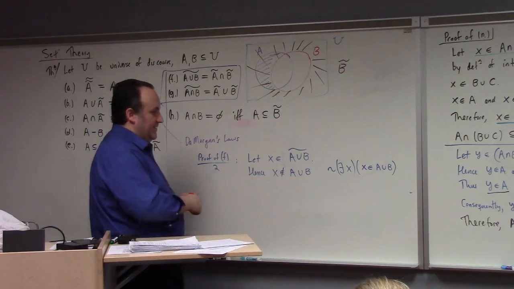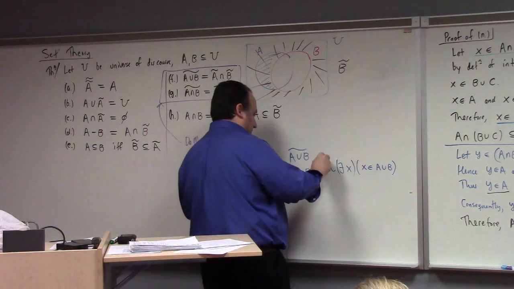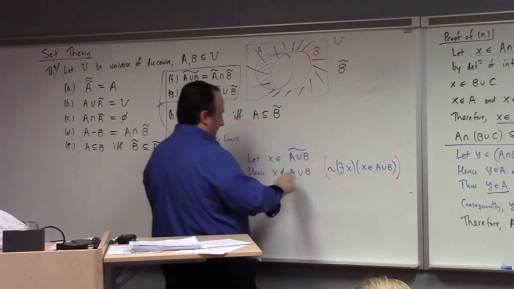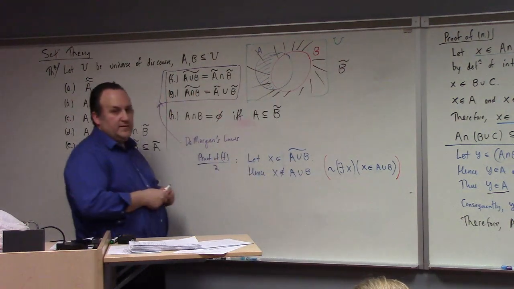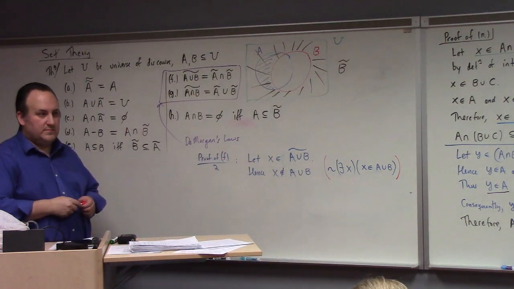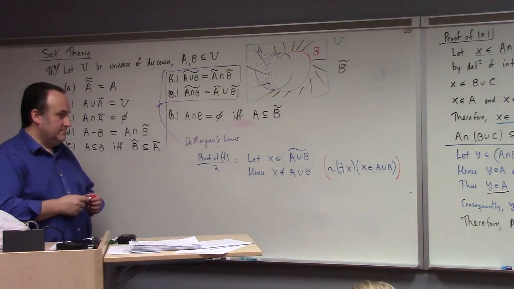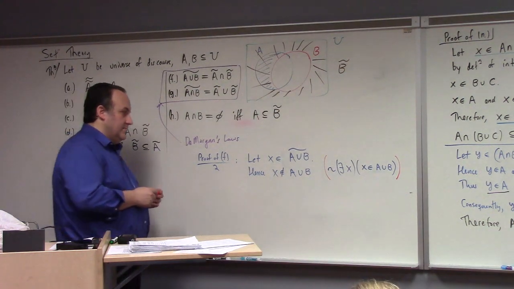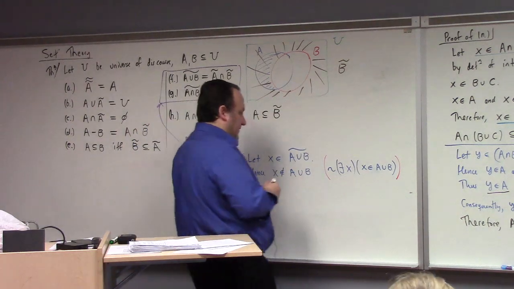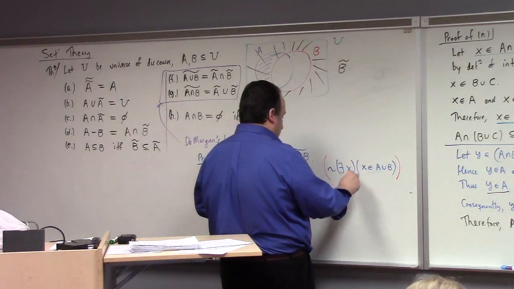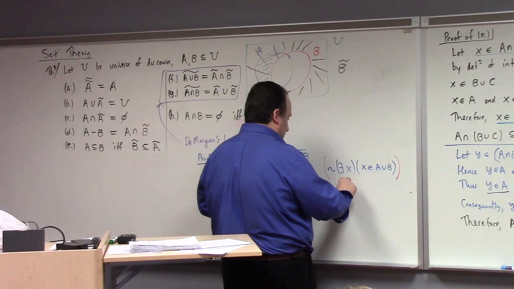I'll put this as a parenthetical comment here. That's a way of writing this symbolically, right? And what did we learn about? This is what? We can read, that's what, for all X?